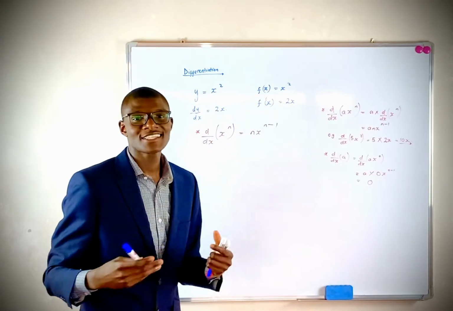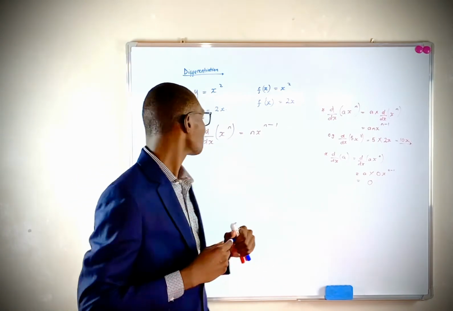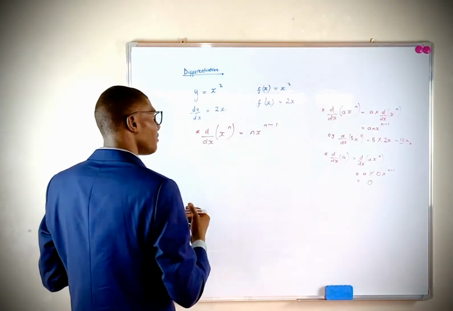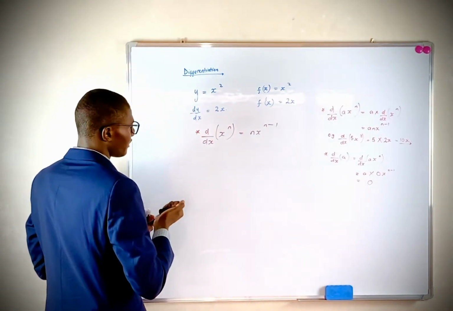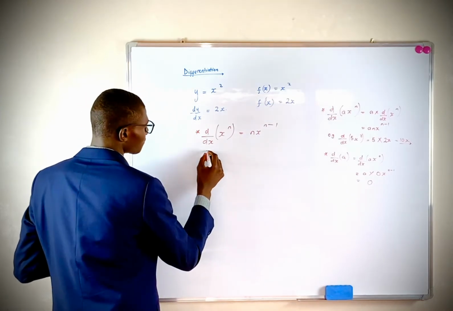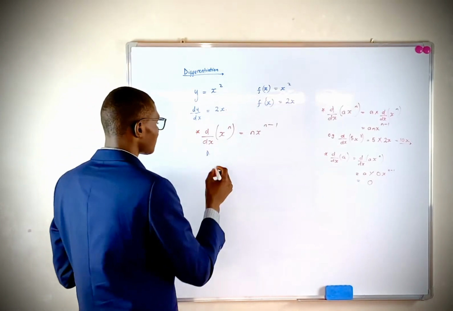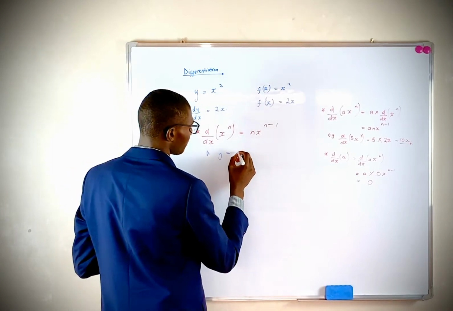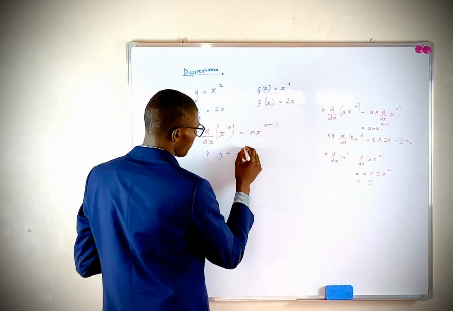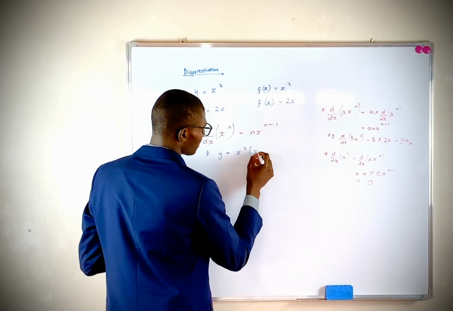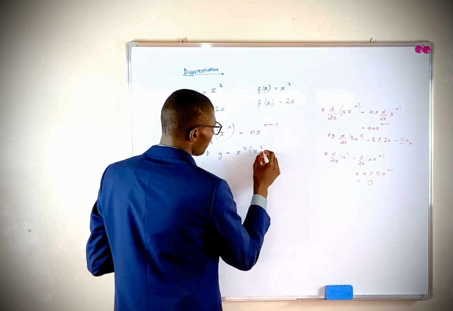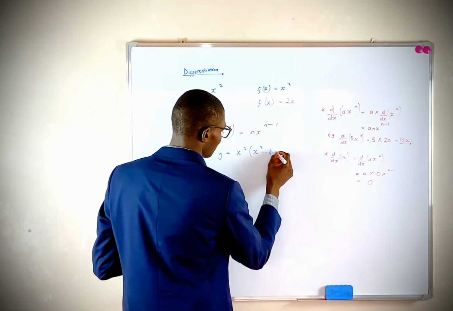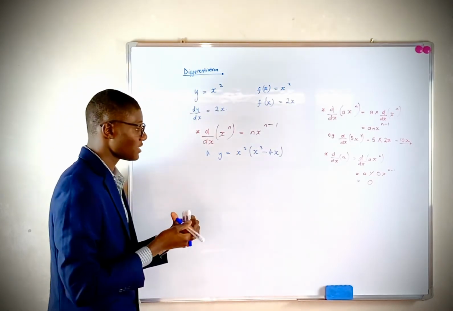So now in this example, it's just going to be a bit tricky, but we shall work on it. Alright, so say we want to find the gradient function of the curve y is equal to x squared, open bracket, x to the power of 3 minus 4x. So now what do we see?